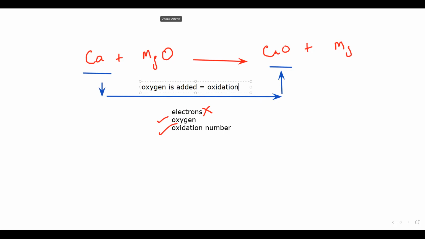And the opposite, if we have magnesium oxide turning into magnesium atom, first it was having oxygen, and then the oxygen is removed.